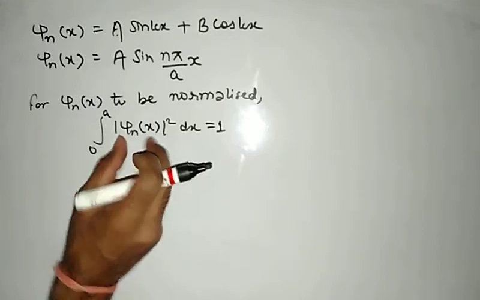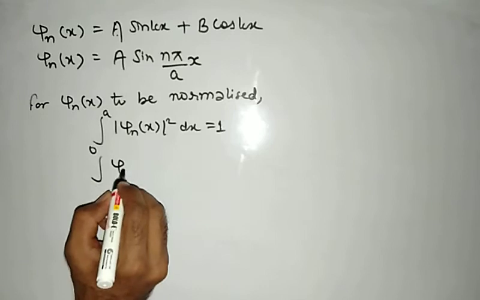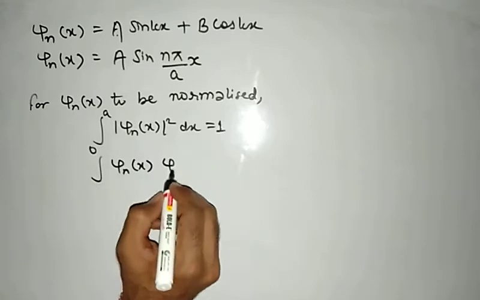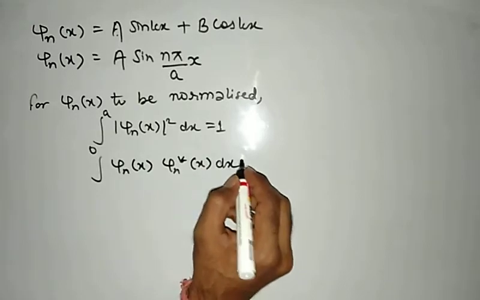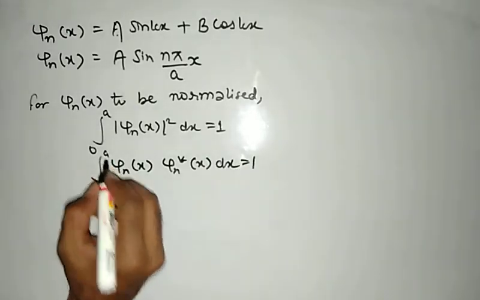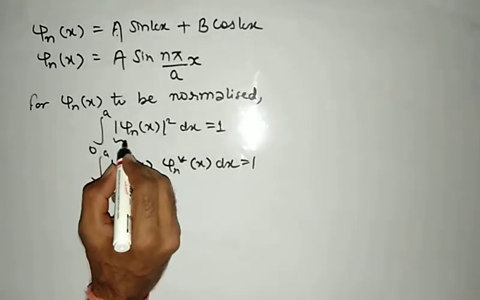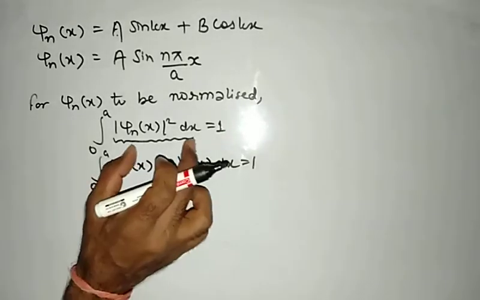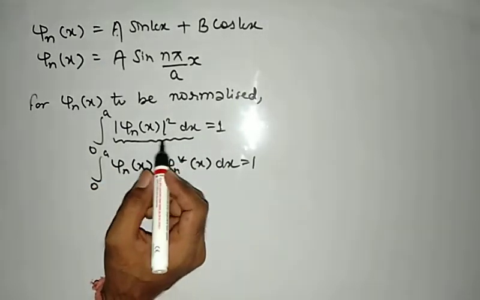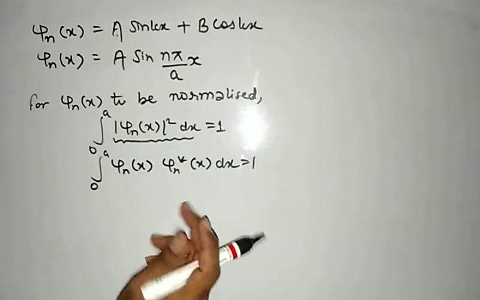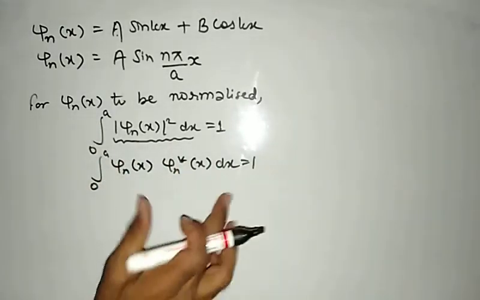This is actually psi n(x) multiplied by its complex conjugate, equal to 1, and this is the probability of finding the particle in this region dx, that is 0 to a in our case.